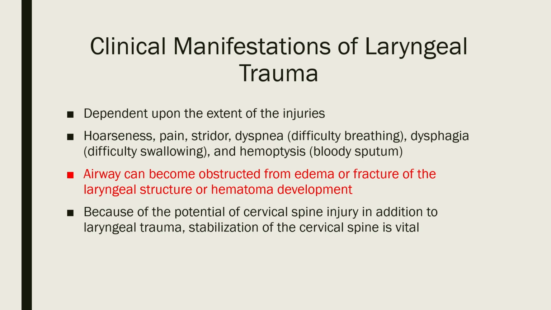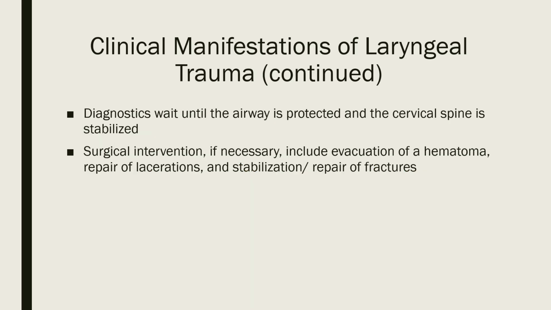Because of the potential of cervical spine injury in addition to laryngeal trauma, stabilization of the cervical spine is vital. Diagnostics will wait until the airway is protected and the cervical spine is stabilized. Surgical intervention, if necessary, will include evacuation of a hematoma, repair of lacerations, and stabilization repair of a fracture.